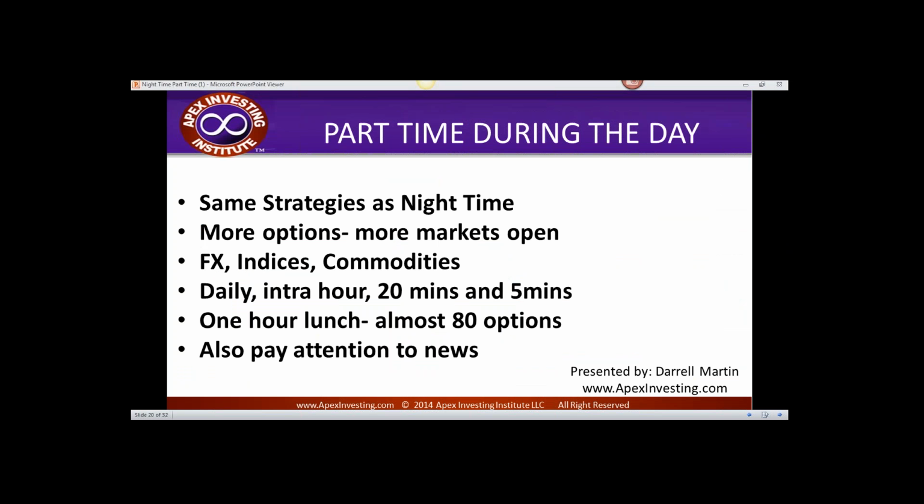If you add it all up, between FX, indices, commodities, intraday, 5 minutes, and 20 minutes, for a 1-hour lunch break you actually have 80 different expirations that can happen during that hour. I know I keep repeating this, but you have a ton of options with Nadex, whether you're trading at night, overnight, or during the day part-time. There's always something.